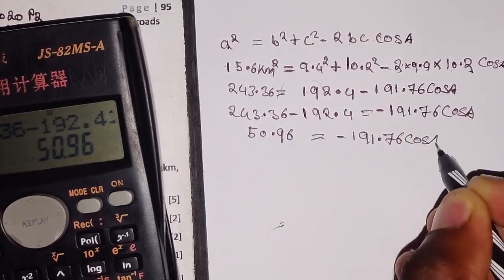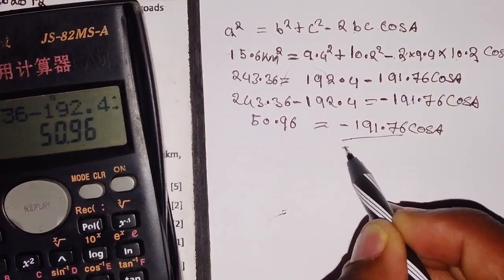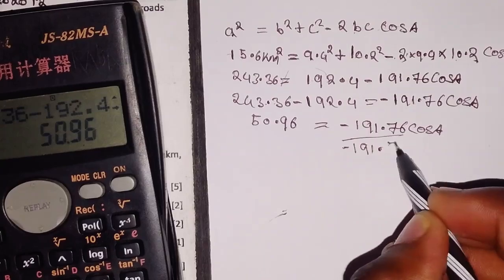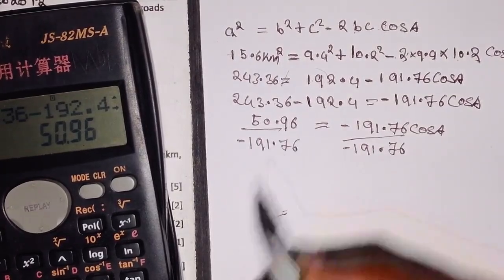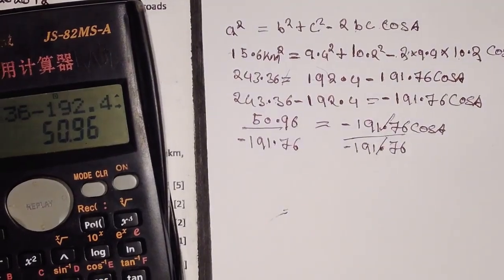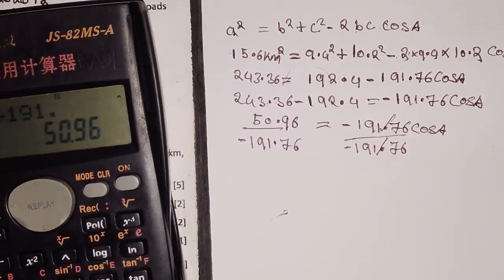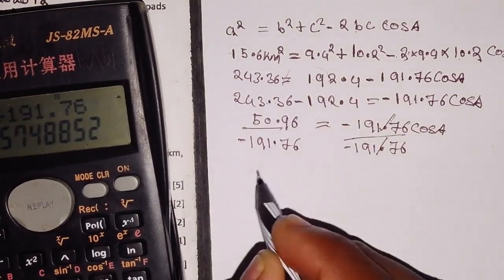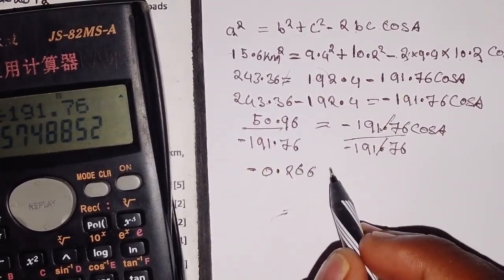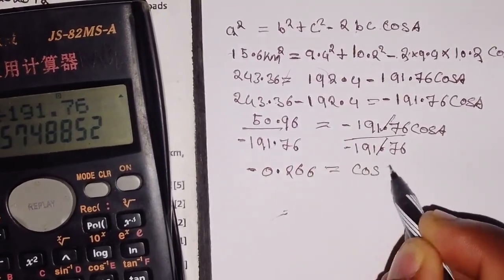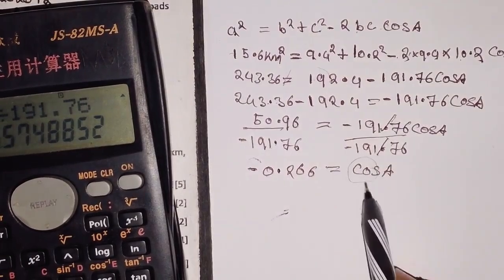Then we make cos A the subject of the formula by dividing both sides by negative 191.76. So this and this will cancel, isn't it? 50.96 divided by negative 191.76 will give you negative 0.266, which is equal to cos A. From here, the way we find our angle is to change from cos to cos inverse.